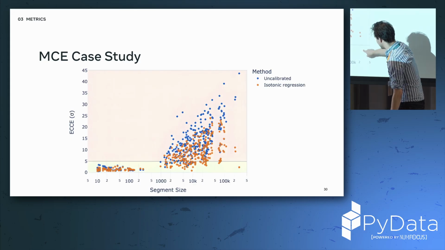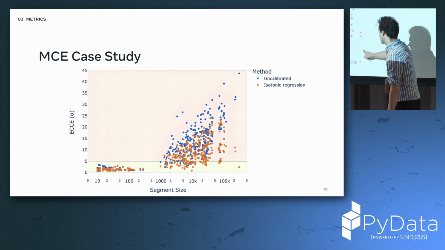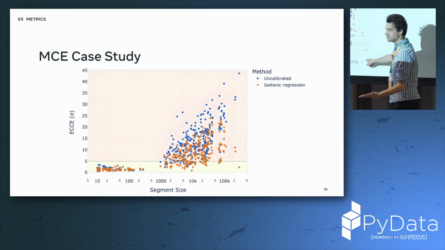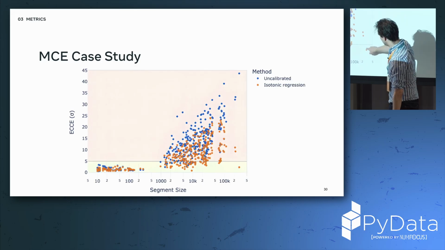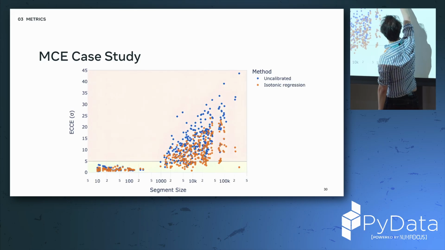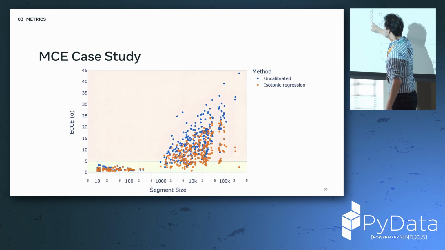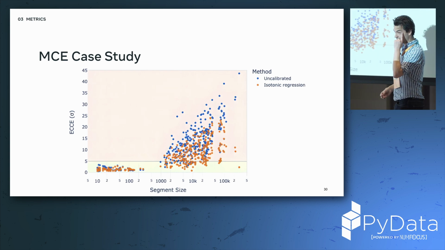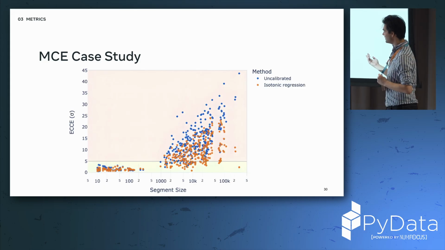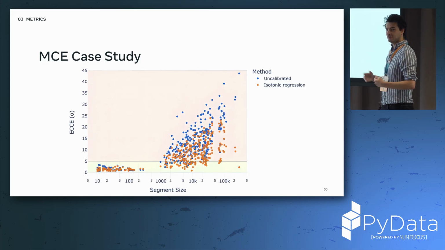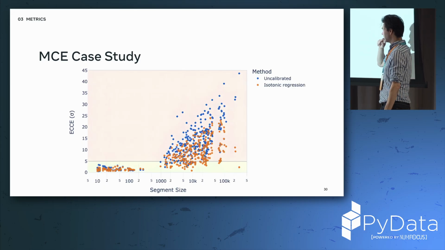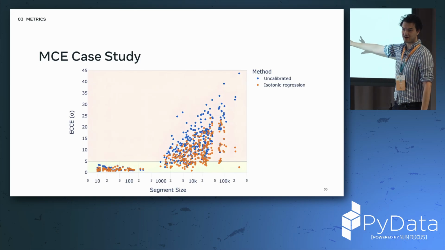So you can see this is the size of the data set, so I don't know, like 300,000 samples in the test set or something like that. And on the y-axis we have the ECCE value. We can calculate the ECCE basically in two ways. We have an effect size metric for it, and we have a statistical evidence metric on it.